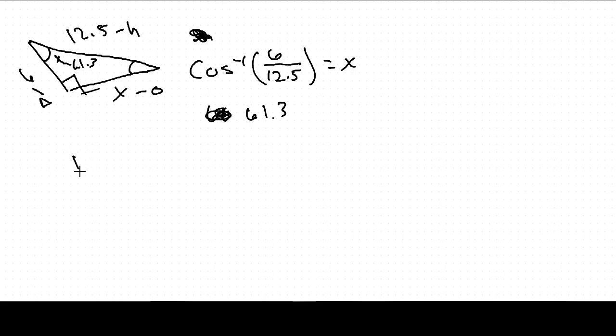So tangent of 61.3 equals the opposite over 6. So that's 61.3 tan times 6.